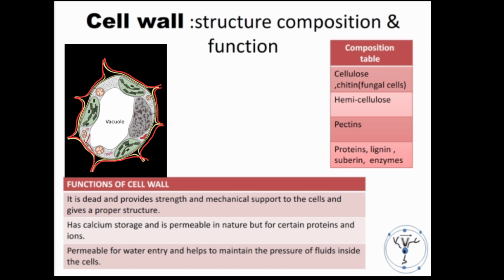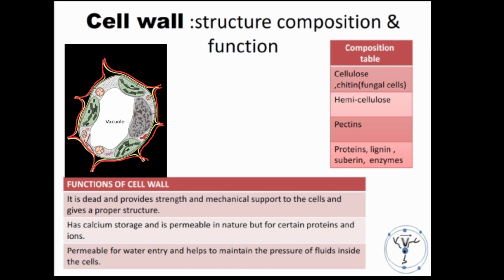But yes, it does consist of aquaporins or channels for water movement, and hence the proteins and the ions that can be dissolved in water have easy access to pass through the layer of cell wall. It helps in maintaining the shape, internal liquid or fluid concentration and pressure of fluid inside the cells.